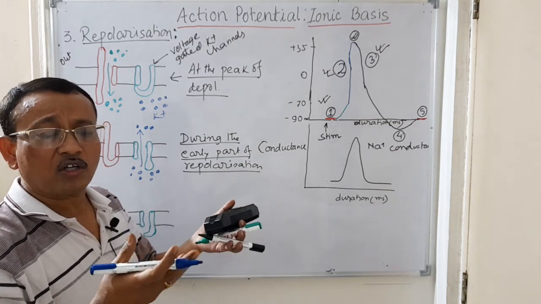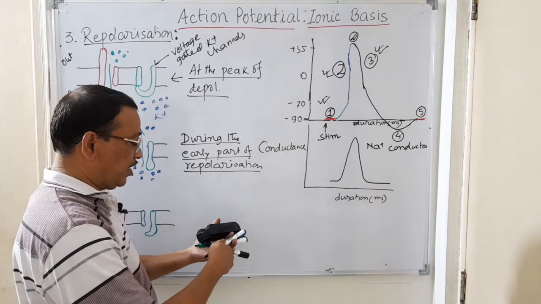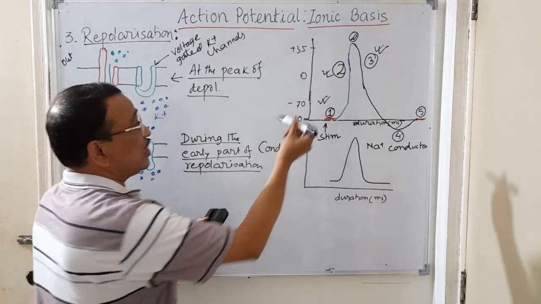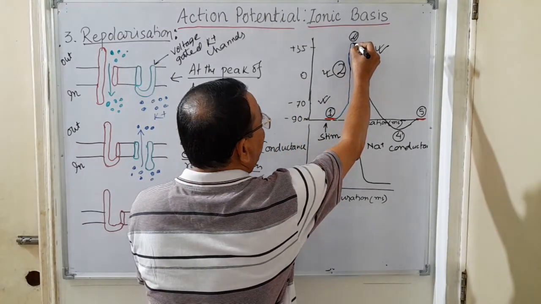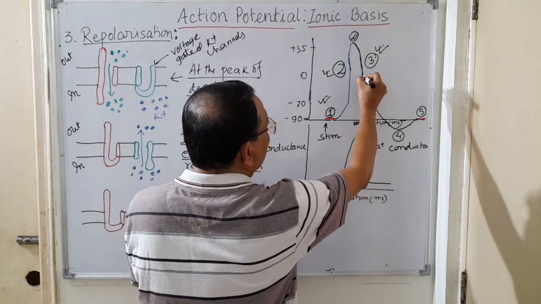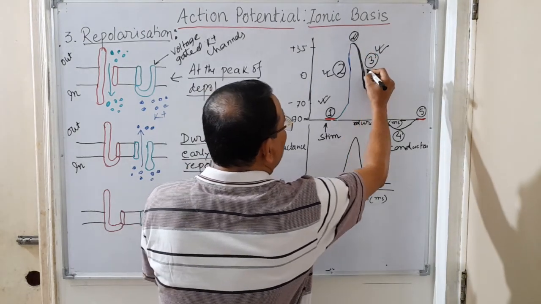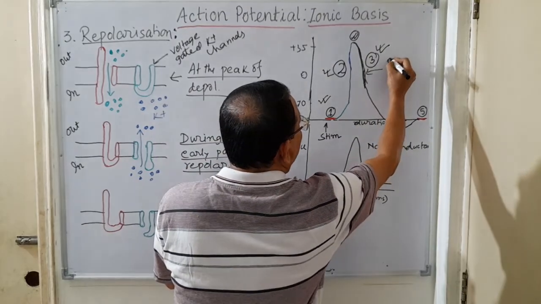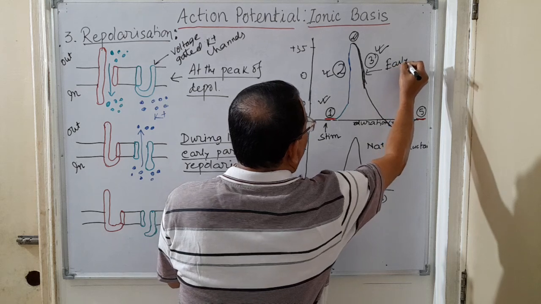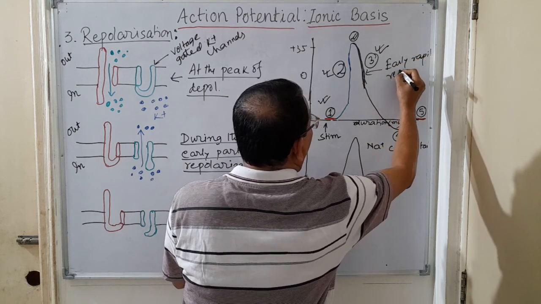As a result, what will happen? Obviously, the electropositivity will decrease. Here you see, electropositivity will again decrease very rapidly, and this is the phase known as the early rapid repolarization.